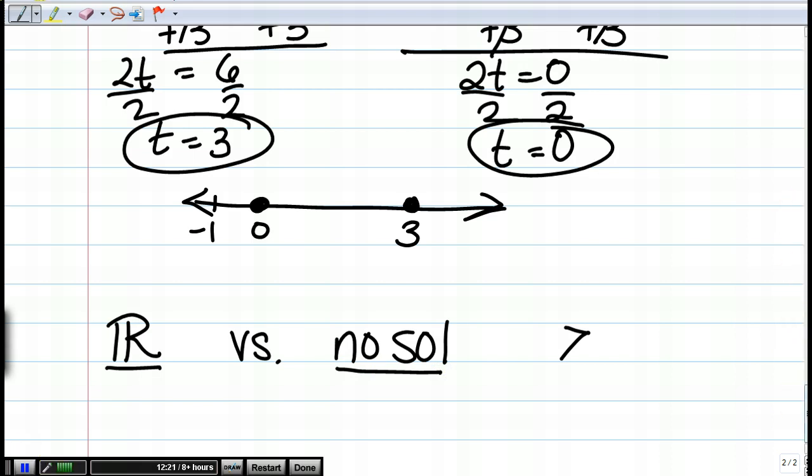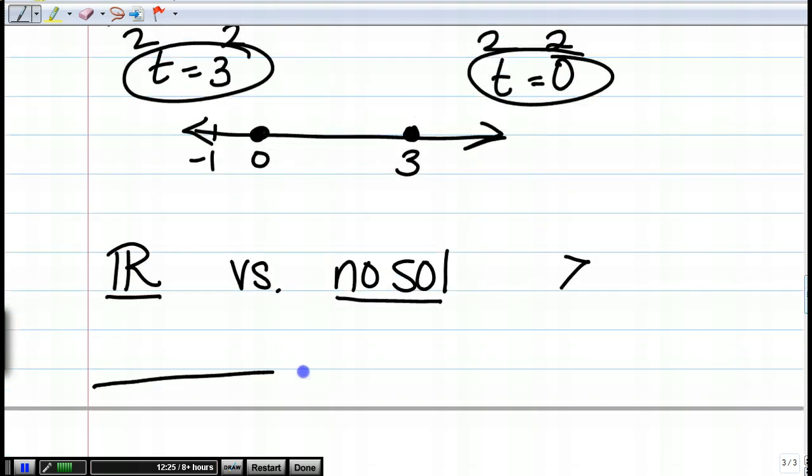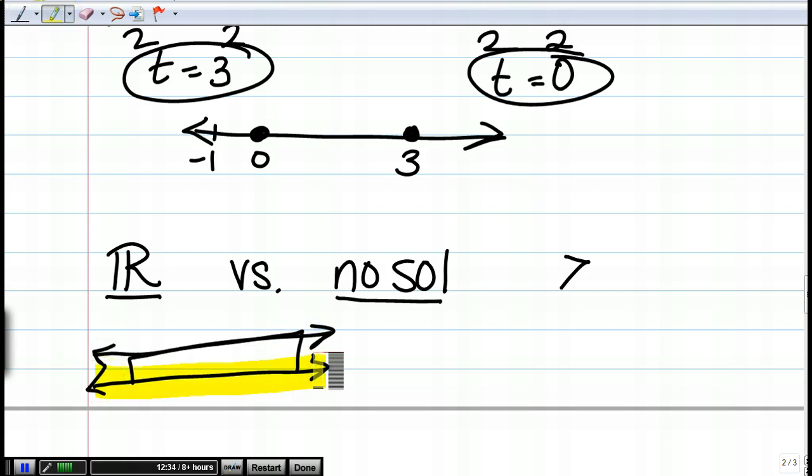So for example, if you knew that you were going to have something that should look like an or, and when you drew it, it looks like this. Remember, this is all real numbers, and you would highlight everything for the graph.